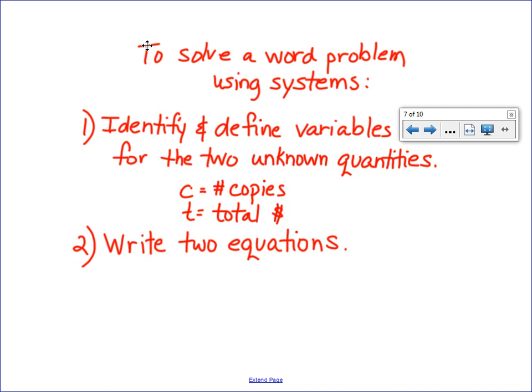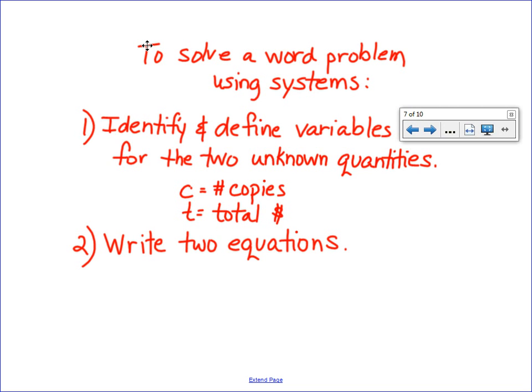So we might have, let's say, the number of adults and number of children that went to Disney World on a single day. So we might have an equation for the adult cost and the children's cost, and we might have an equation based upon the number of adults and children that attended that day. So this is going to take some practice and just experience in different types of word problems.